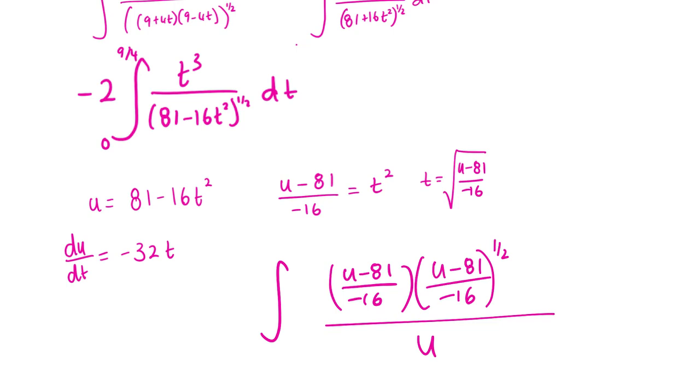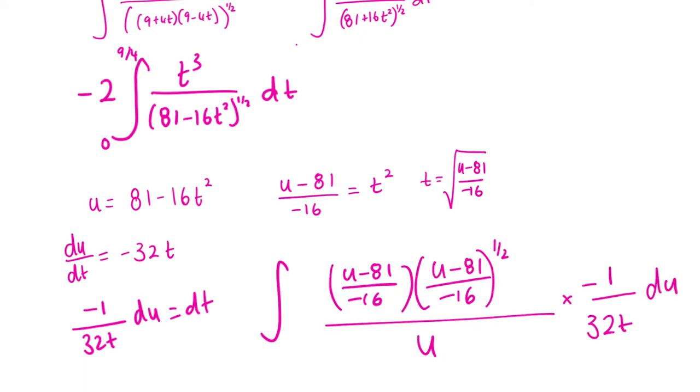And then what's dt? dt is minus 1 over 32t du. That's what dt equals. So I'm going to write multiplied by minus 1 over 32t du.